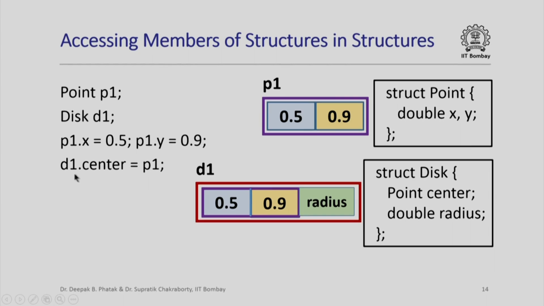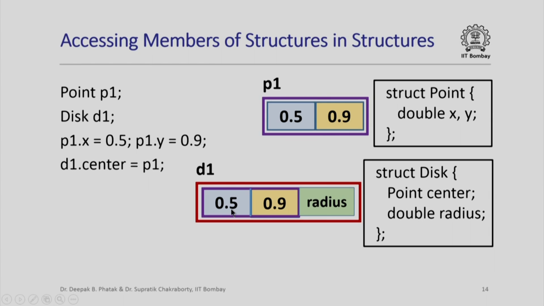Subsequently, if I say d1.center is assigned p1, then this entire structure is going to be copied to the corresponding member of d1, and remember, this member of d1 named center is of the same structure type as p1. Therefore, from our earlier lecture on how one structure can be assigned to another structure of the same type, you will recall that each member of p1 will be copied to the corresponding member of the member center of d1.